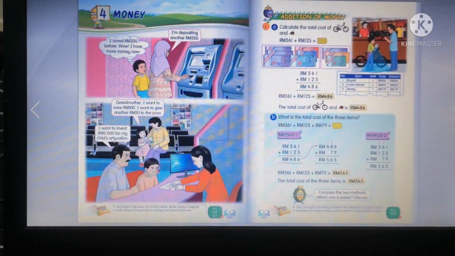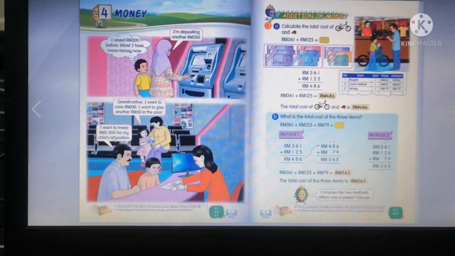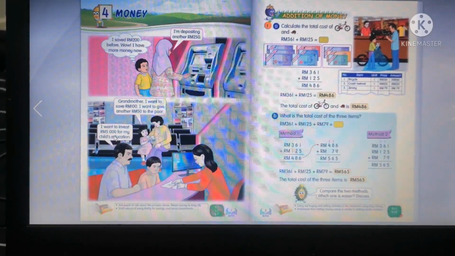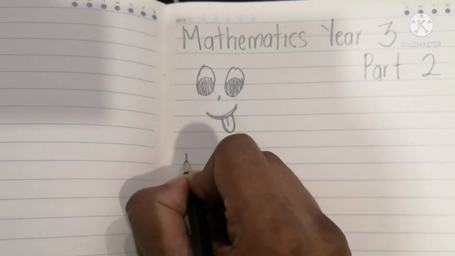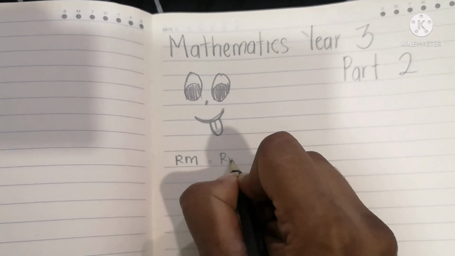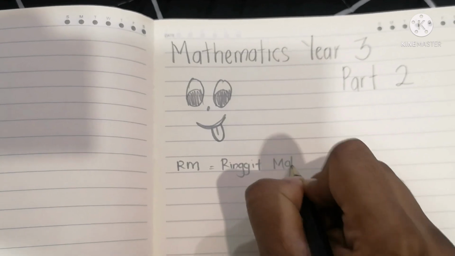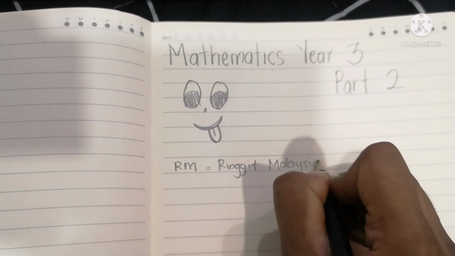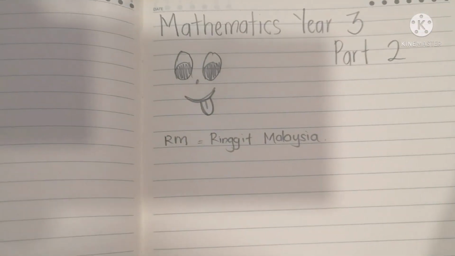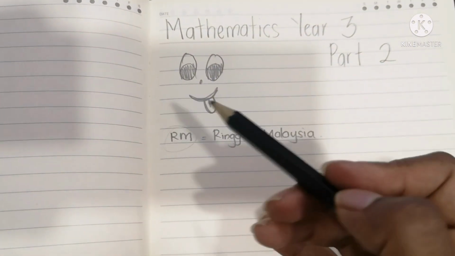Okay, girls, I'm going to ask you, what does that RM mean? Does someone know what the RM means? RM is equal to Ringgit Malaysia. Different countries have different ways to pronounce their money.